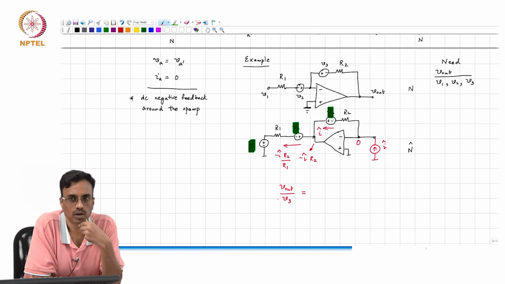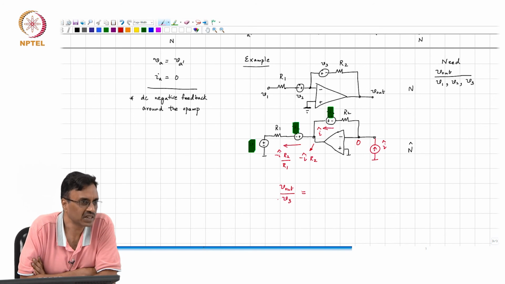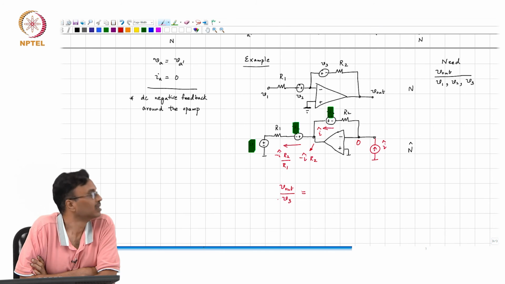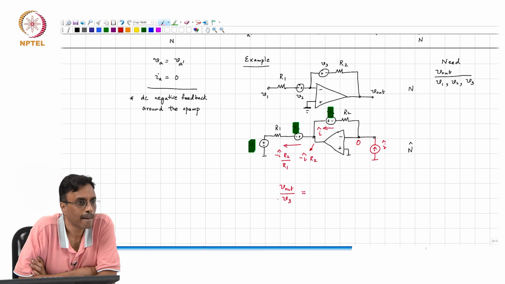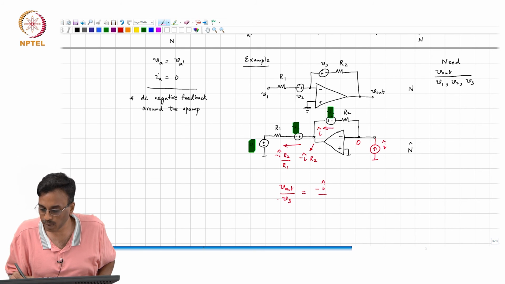What is the input and what is the output we are looking at? Yes, the current into the positive terminal of V3 is our output quantity. So, the current flowing into the positive terminal of V3 is minus I hat. That is basically minus I hat divided by I hat, which therefore is minus 1.